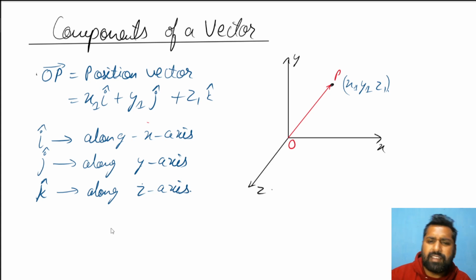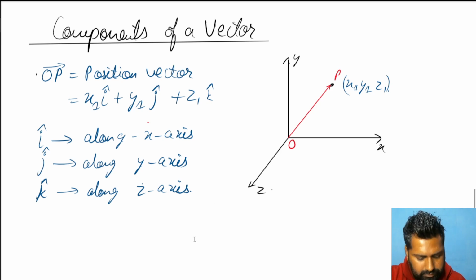So every time we write a vector, we'll write it in terms of i, j, k. For analogy purposes, I have shown you how that represents. Basically, if you want to get to this point, you have to move x1 distance on the x-axis, y1 distance on the y-axis, z1 distance on the z-axis. That movement will be represented by this vector x1 i, y1 j, z1 k.